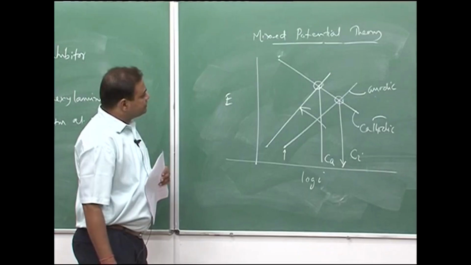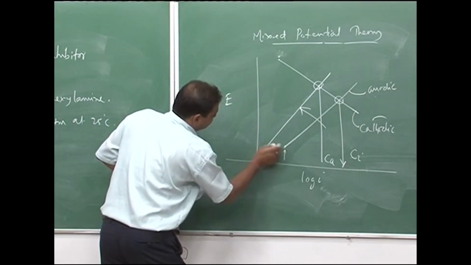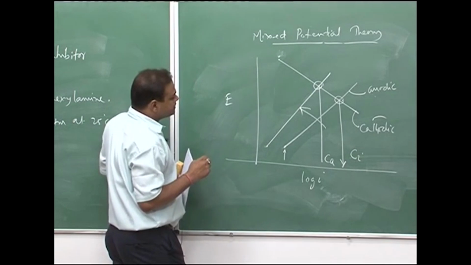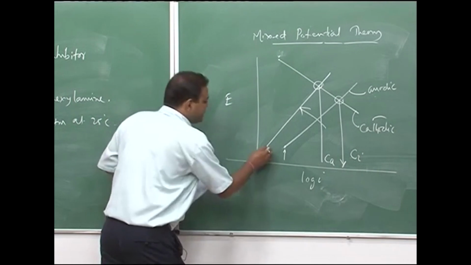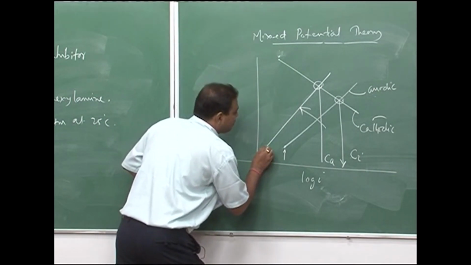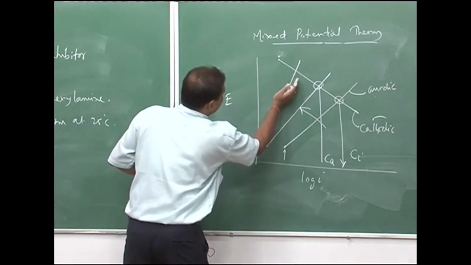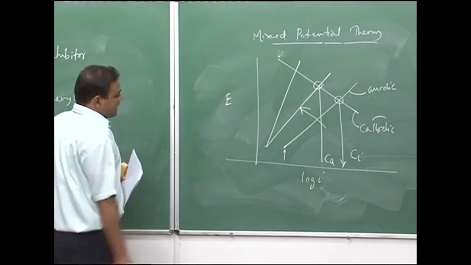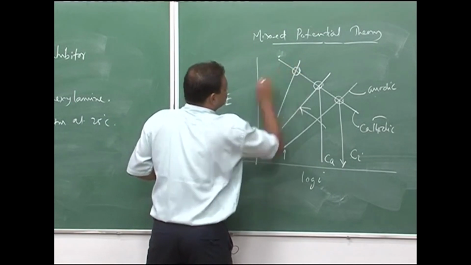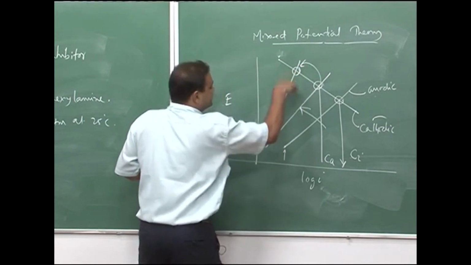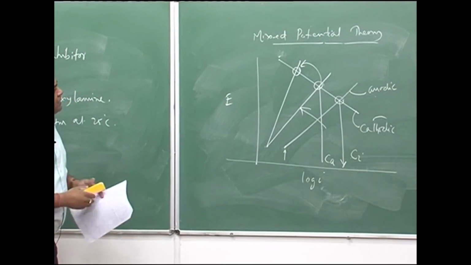There is another possibility: it decreases the exchange current density and at the same time increases the degree of overvoltage. So the polarization is increased as well as the exchange current density decreased, and with the combination of these two processes the corrosion rate is further decreased. This is the effect of an anodic passivator, an anodic inhibitor.